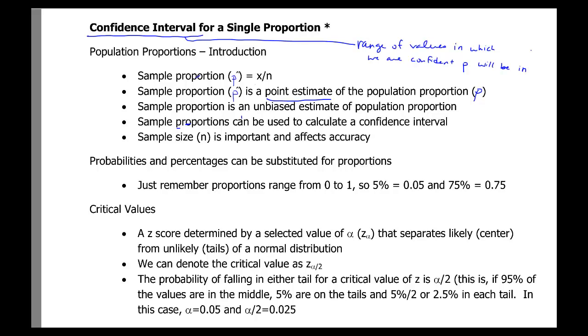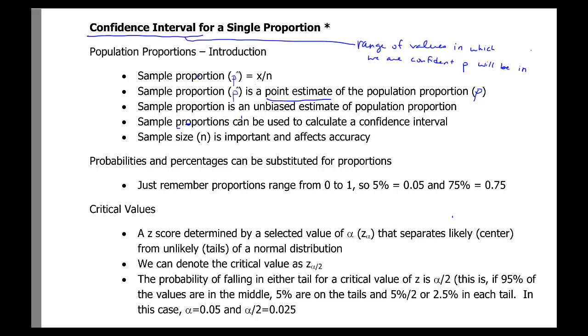We learned a little bit about that earlier, where the distribution of the sample proportions is a normal distribution. That means it's unbiased. We can use the sample proportion to calculate a confidence interval for estimating the population proportion, and the sample size will be important and affect our accuracy.